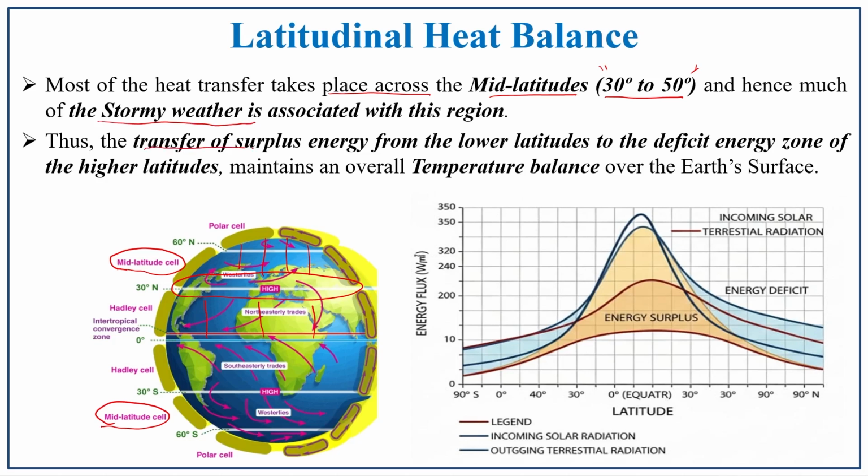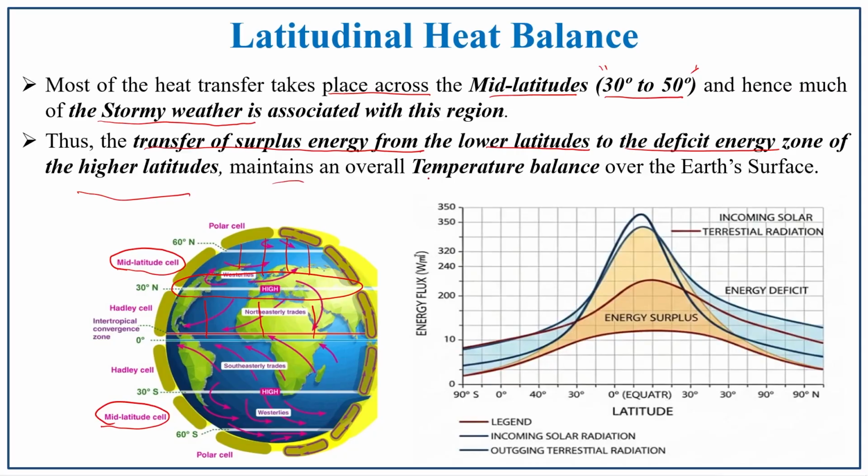Thus, there is a transfer of surplus energy from lower latitudes to the deficit zone of higher latitudes. That exchange is happening because of air and ocean currents, mixing in the mid latitudes, which maintains the overall temperature balance.